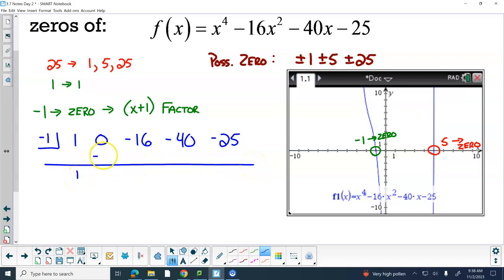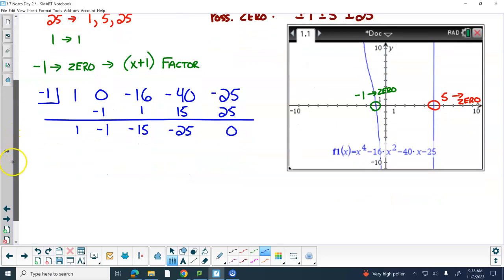1, -1, -1, 1, -15, +15, -25, +25, and 0. Right?